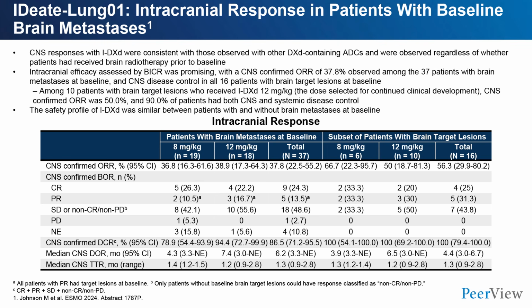On the right is subset of patients with brain target lesions, and here we see a higher percentage. But again, we are looking at lower numbers. The deruxtecan payload has demonstrated responses in low numbers across all of the different studies that incorporate it as the payload for the ADC. And so to see some responses is consistent with what we've seen from other trials.